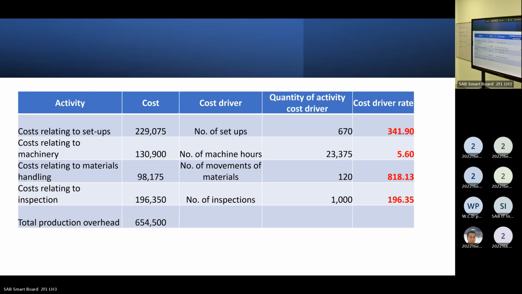Right? So once you get the activity cost driver rates, you can easily calculate the overhead cost absorbed for each product. Right? This you have the cost driver rate.